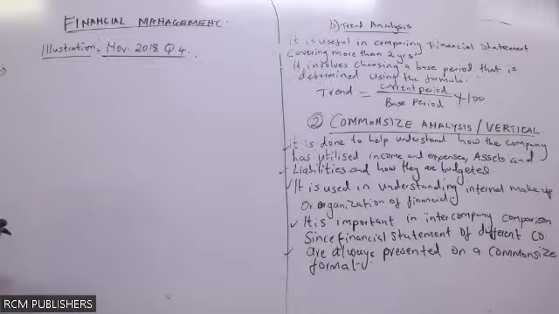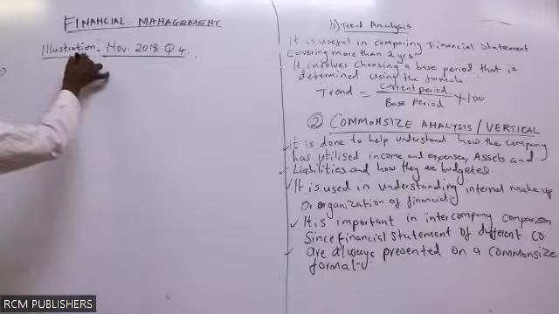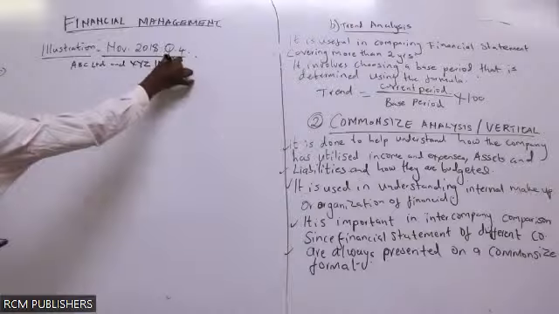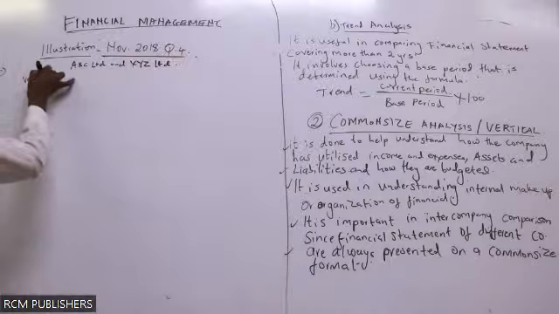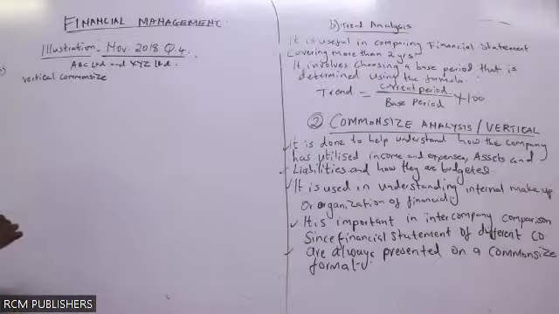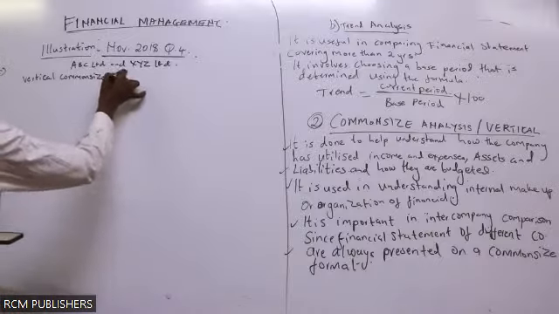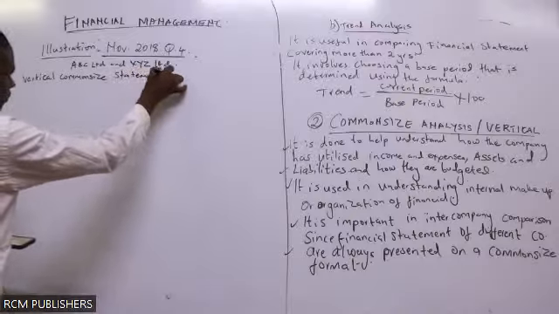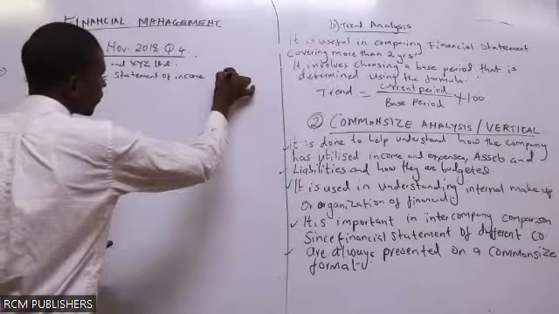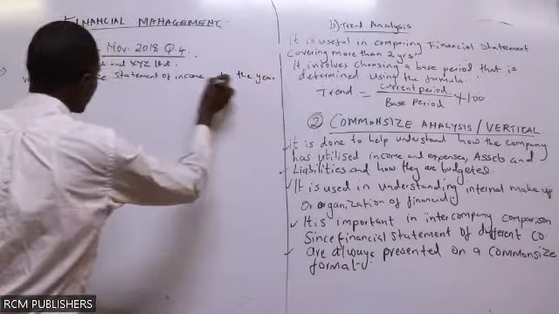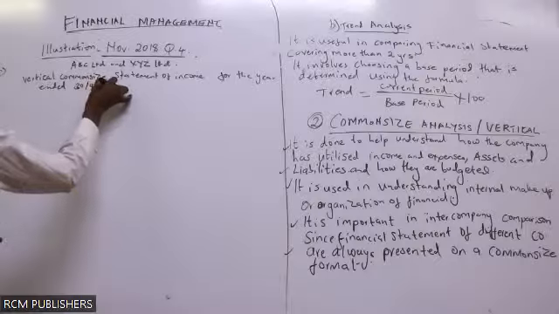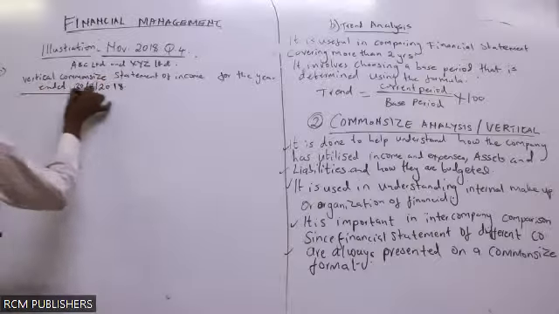You can say this is ABC Limited and XYZ Limited, vertical common size statement of income for the year ended 30th September 2018. Then you underline.